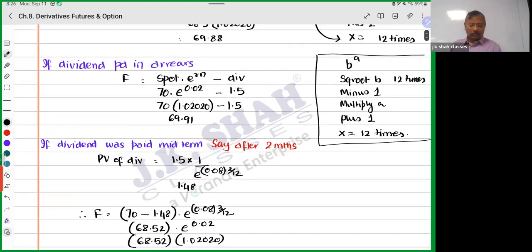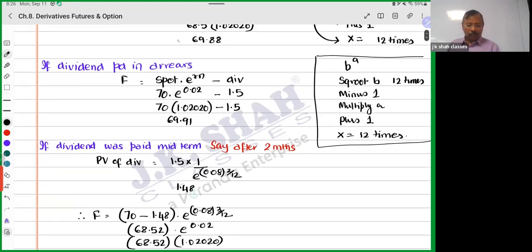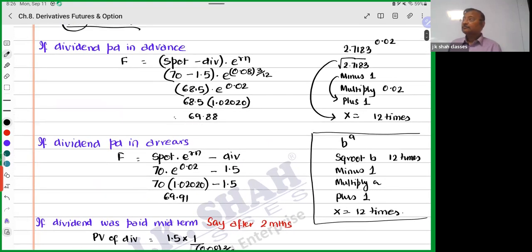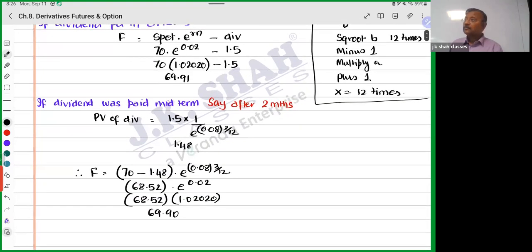कौन सा फॉर्मूला? एक मिनट, क्या क्या? हाँ, 1 plus r कैसे कर सकते हो? You are compounding it continuously, then the discounting also has to be continuous, no?